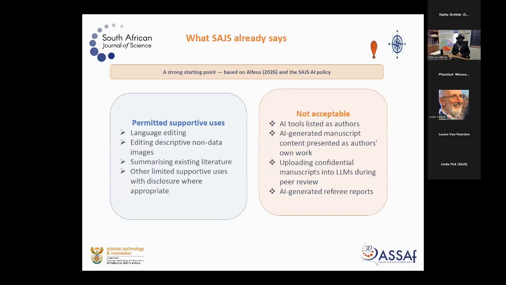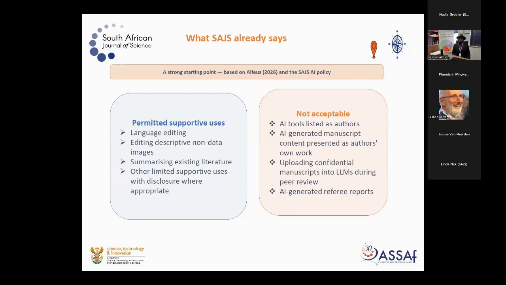Of course, the South African Journal of Science has already put in place important policies on how to use AI. I was given an opportunity to write a guest editorial, and together with the AI policy for the South African Journal of Science, there are permitted support uses and also things that are not acceptable. For example, permitted uses of AI are language editing, for instance, and editing a descriptive non-data image.